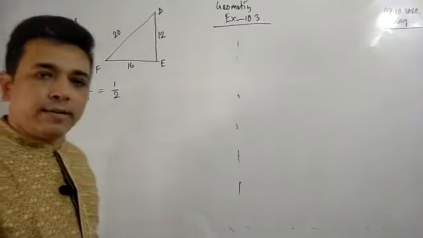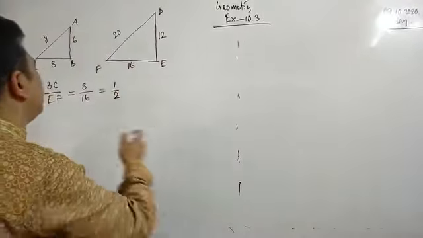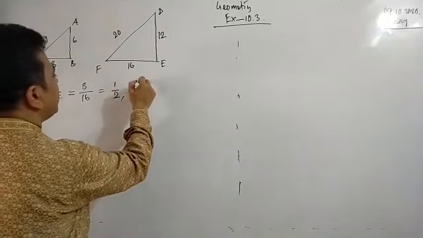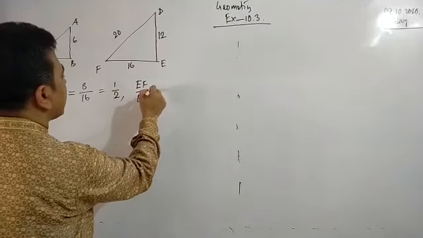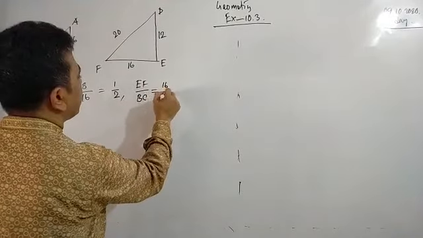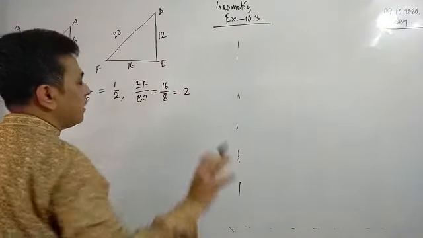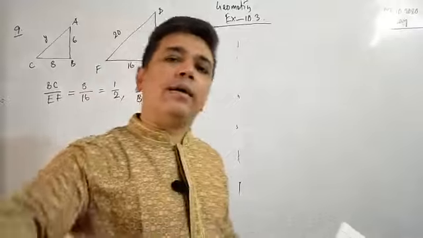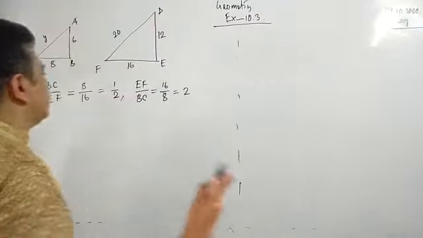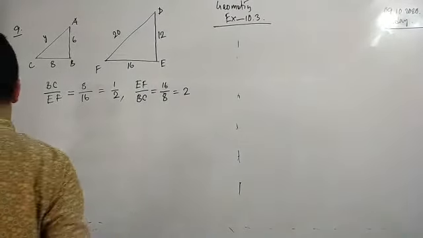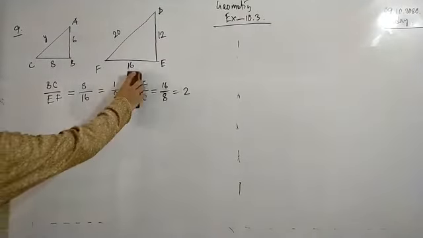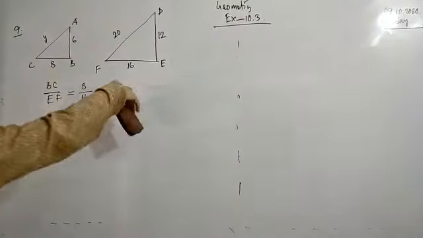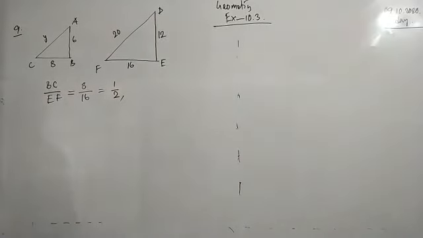Or if you want, you can take it the other way: EF divided by BC is 16 divided by 8, equals 2. Both ways are correct. I'm taking just one way, but it's your choice.